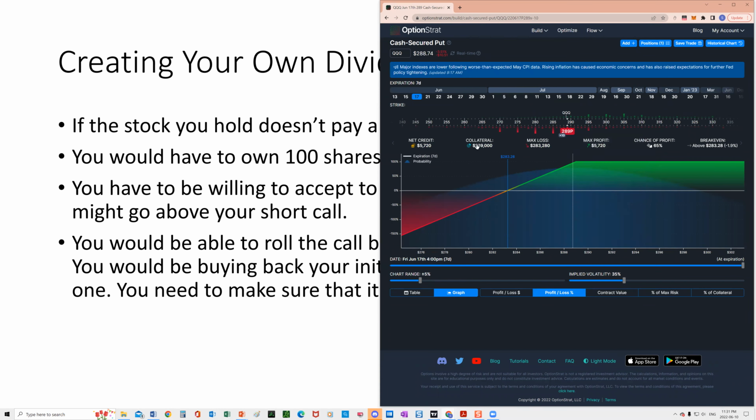So if you had, assuming you had a large portfolio, which is why I said it's people with larger portfolios that are doing something like this. The index can't go to zero. It might drop in value.